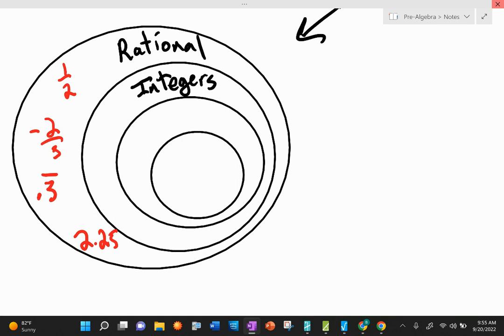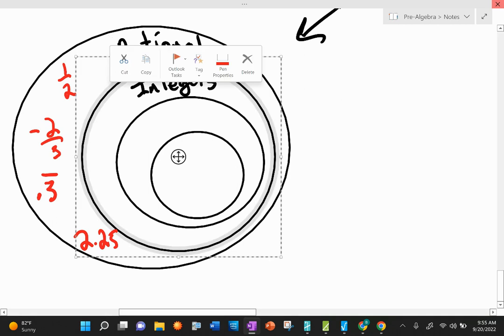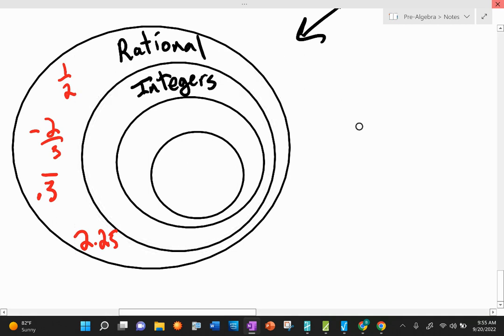Integers are... wait, don't say it, not yet. Oh, it's positive, negative whole numbers.